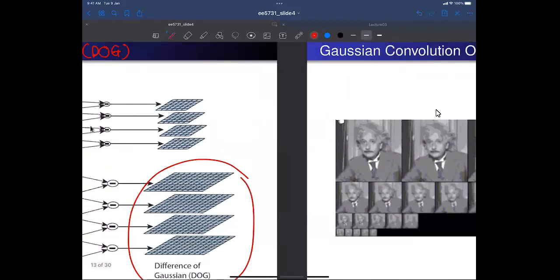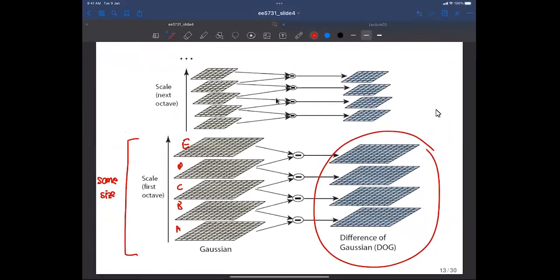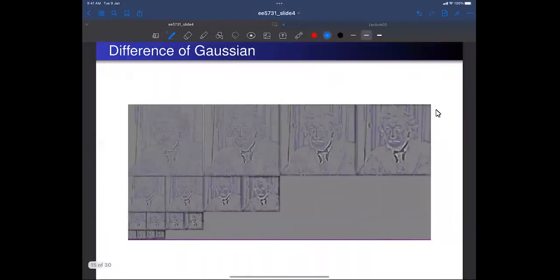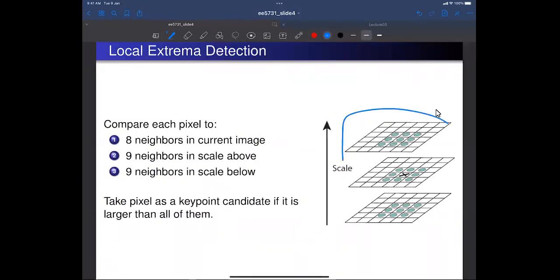In this local extrema detection, assume that here you have four DOG images. For now, let's assume that you take only three of them, and those 3 images are this one here. So these are DOG images for different levels. Now how can we find the extrema?